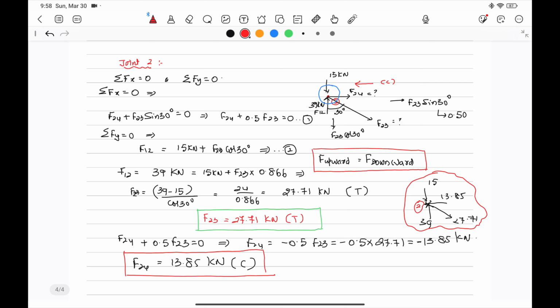This free body diagram never talks about the negative positive signs which we assume. It only talks about at a particular joint whether force is acting towards the joint or away from the joint. Nomenclature is given by us, not by the force.